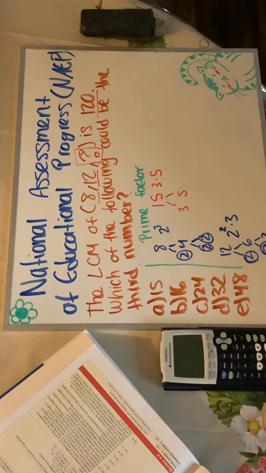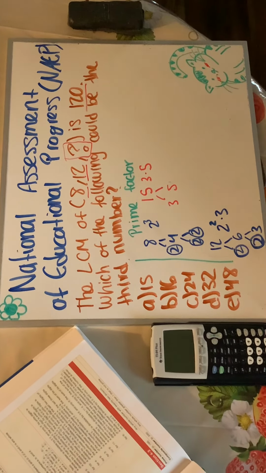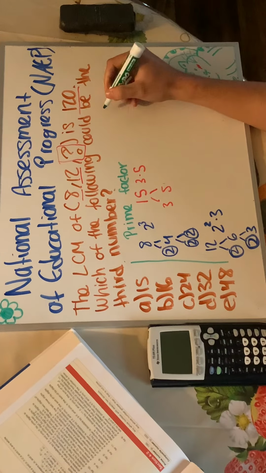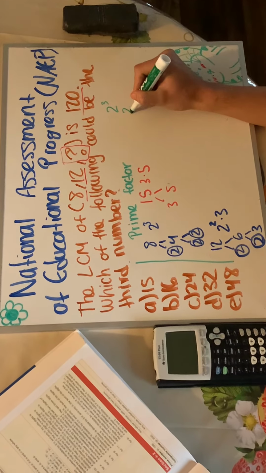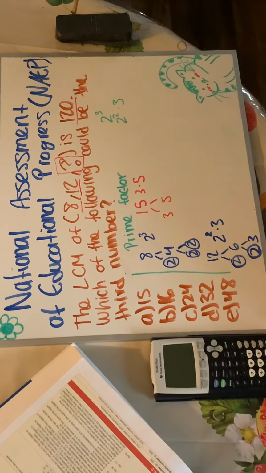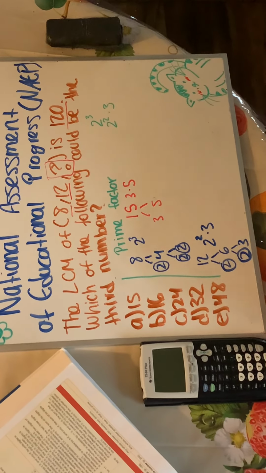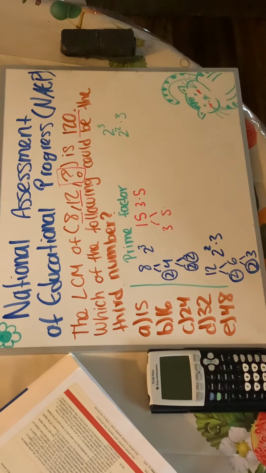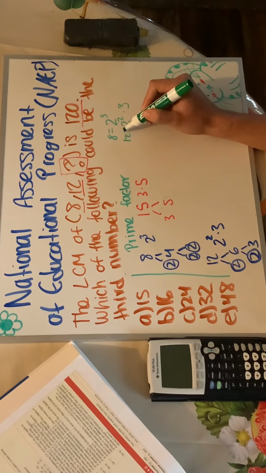Okay, let's try that one. So 2 cubed is for 8 and 2 to the second times 3 is for 12.